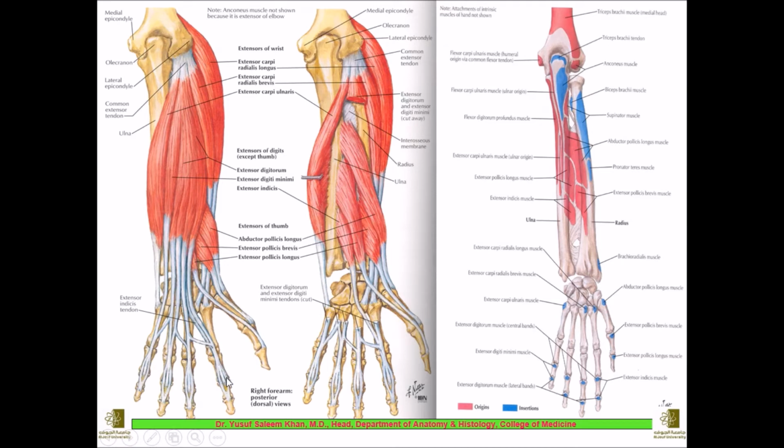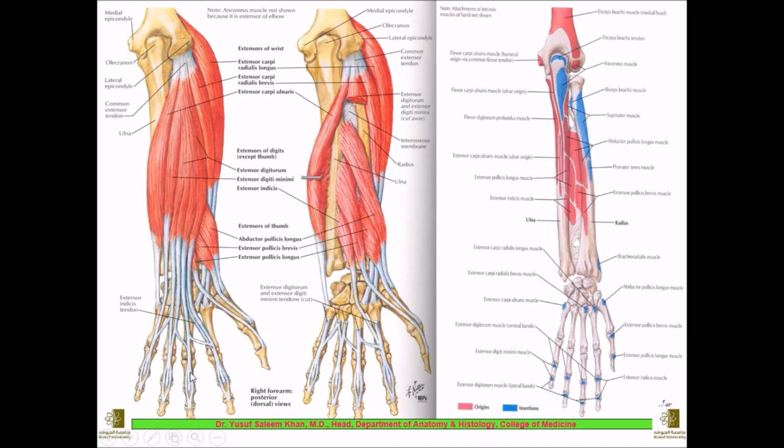The middle slip gets inserted to the dorsal surface of the base of the middle phalanx, and the 2 slips, one on the medial side and one on the lateral side, run forward and join together and get inserted to the dorsal surface of the base of the distal phalanx.